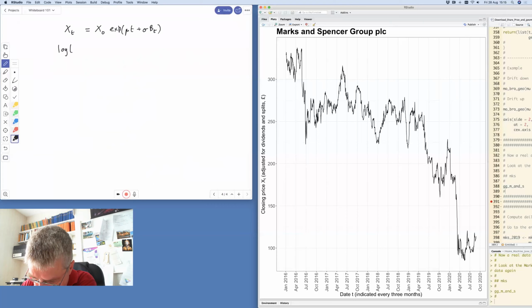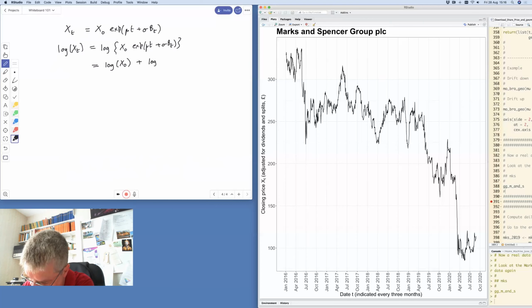So if I take the log of xt, and that's a natural log, log to the base e, I can apply the log to both sides of the equation. And then the log of a product is the sum of logs. That's why log is a really nice operator. It turns multiplication into addition.